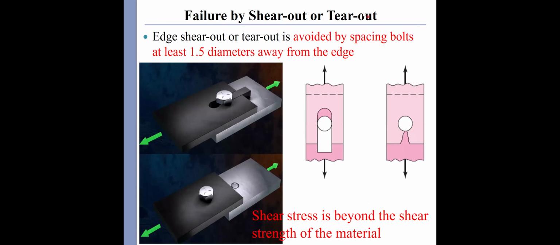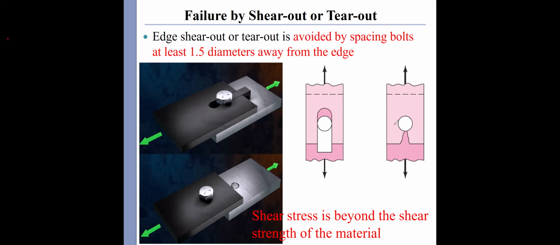The other failure case is called shear out or tear out. Edge shear out or tear out is avoided by spacing the bolt at least 1.5 diameters away from the edge.